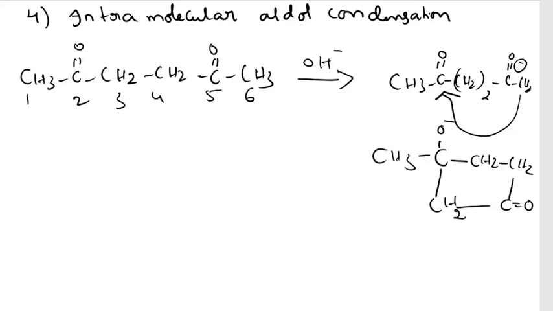A new C-C bond is formed between these two carbon atoms, right? This you can represent like this. See here, I am going to show the 5-membered ring here. Let it be the C double bond O, and here you will get a CH3, right? And O minus also on the same carbon atom, and the remaining two CH2s are like this.